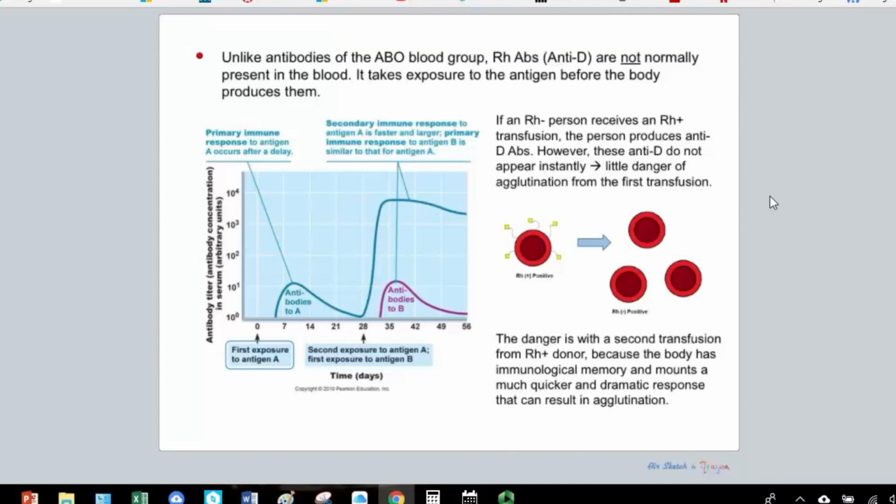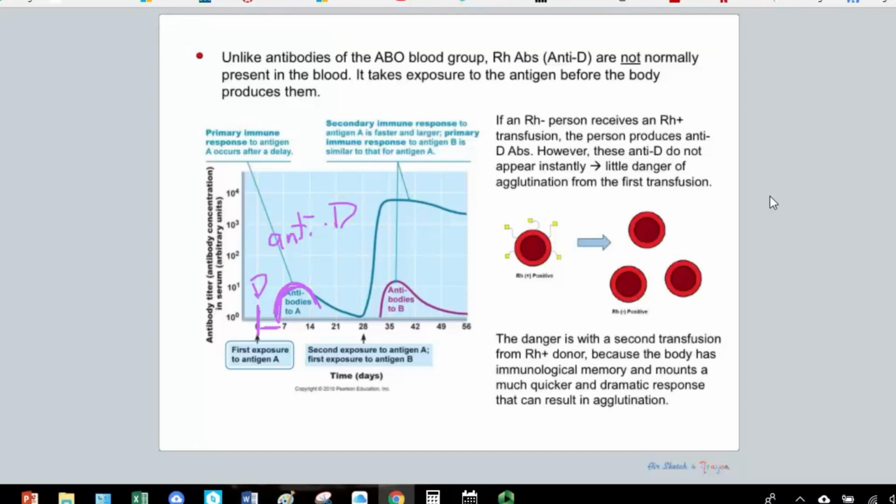Yeah, so here, this is the first exposure, and we'll just use the scenario we're dealing with. So this would be your exposure to a D antigen. And if you're exposed to a D antigen, then it takes a little while to produce those anti-D antibodies. And even when you do, you don't produce a huge amount of them.